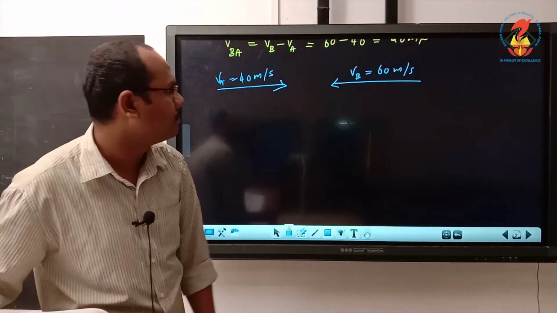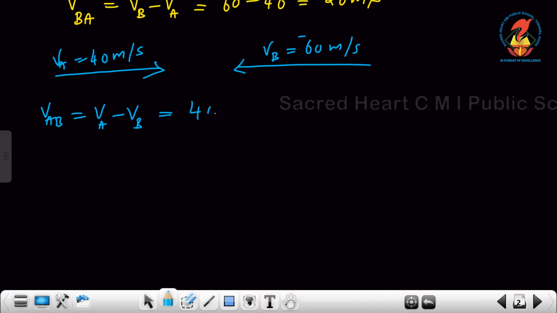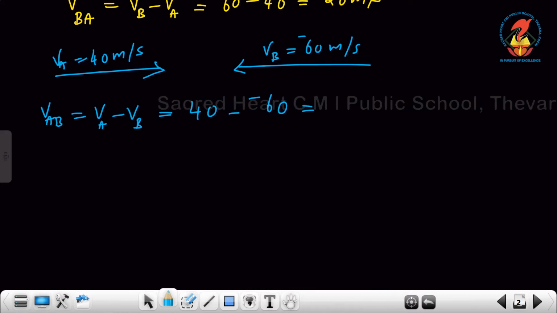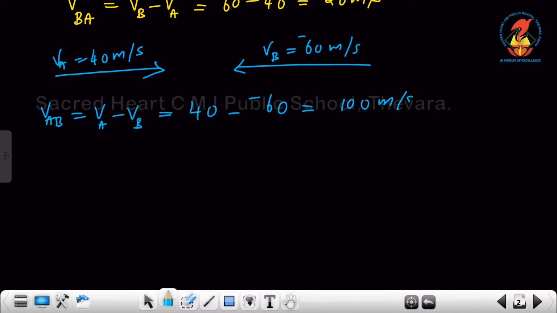So I am writing VAB, which is VA minus VB. Since the direction of the second body is opposite, I am putting a negative sign. So VA minus VB, 40 minus of minus 60, that is 100.